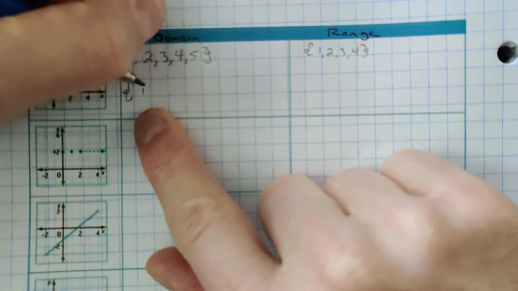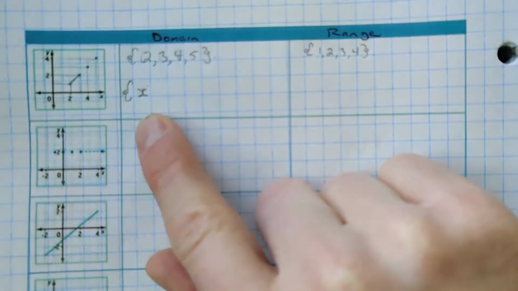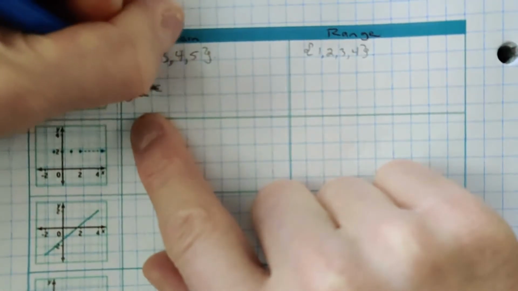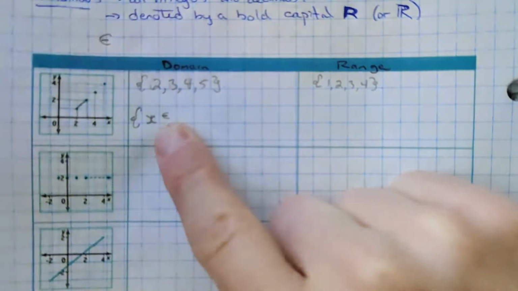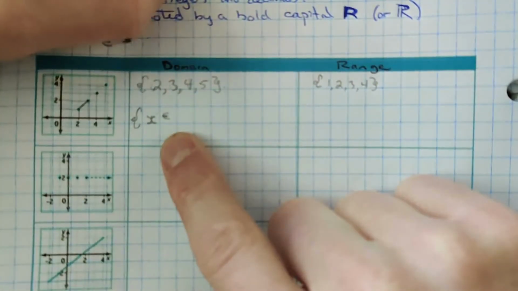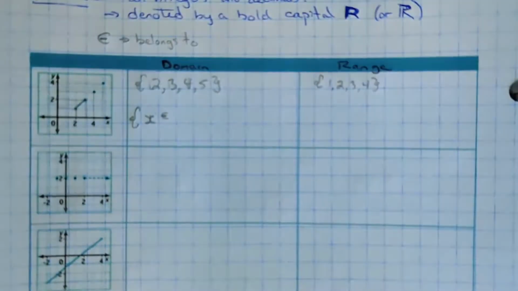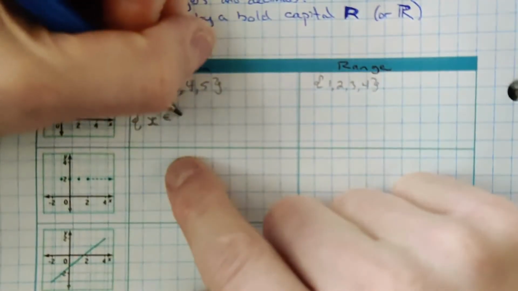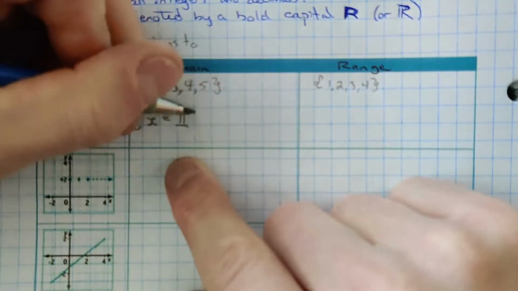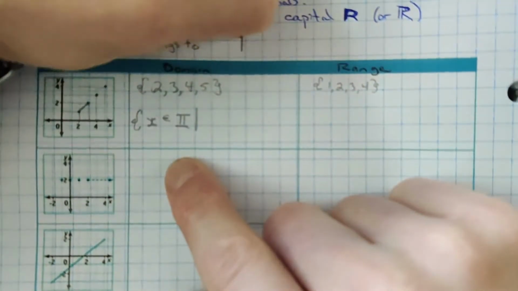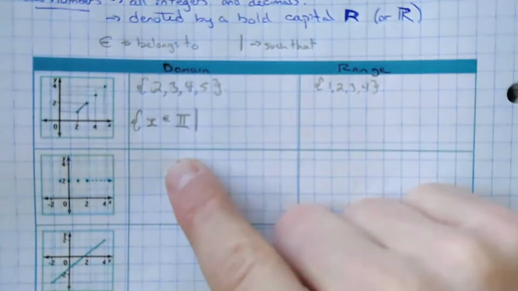So the domain is x belonging to, that symbol, it's kind of like a C with a line through it, like a Greek epsilon, which stands for belongs to, the integers, the big bar, such that 2 is less than or equal to x is less than or equal to 5.